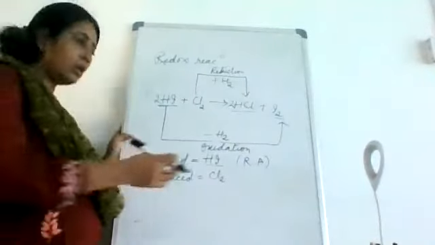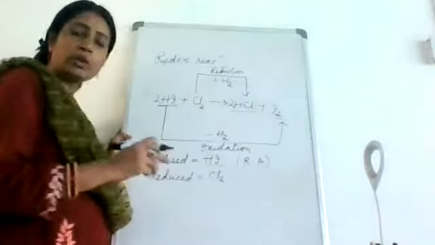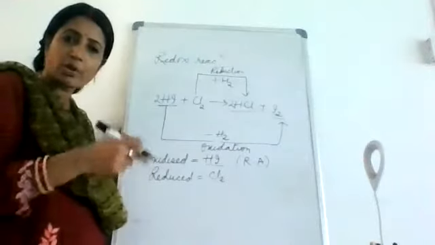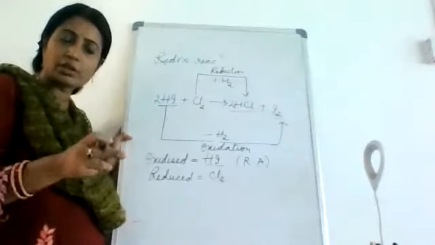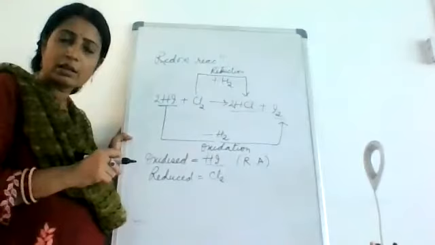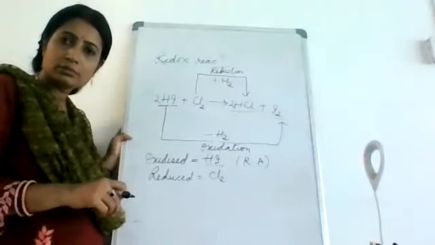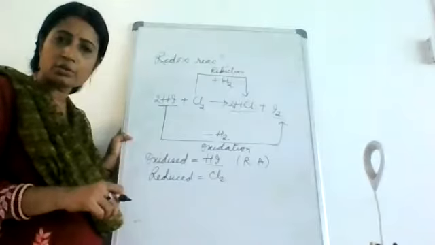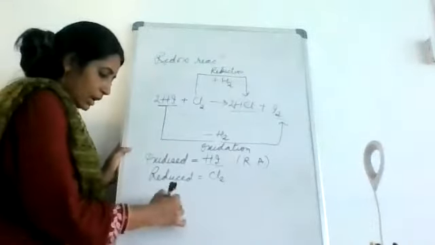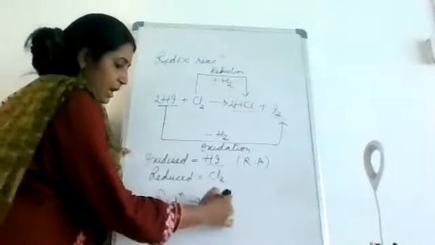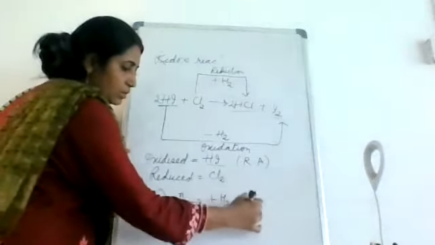So similarly, reducing agent, what will it do? It will do the process of reduction. तो reduction process का मतलब क्या हो गया? It will add hydrogen or it will remove oxygen. Reduction का मतलब क्या है? Plus H2 or minus O2.